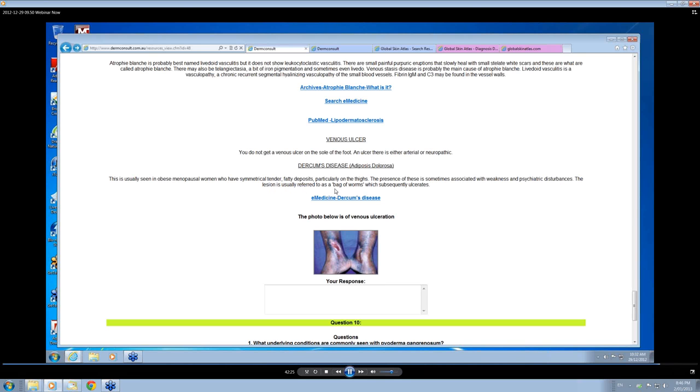The lesion is usually referred to as a bag of worms, which subsequently ulcerates. Well, I can't say that I've seen a case of Dercum's, but adiposis dolorosa seems like a good name for something that's going to appear as a bag of worms on the thighs that's subsequently going to ulcerate.